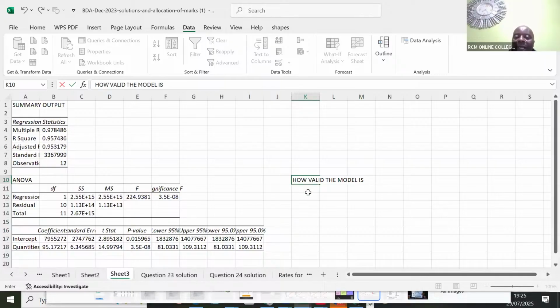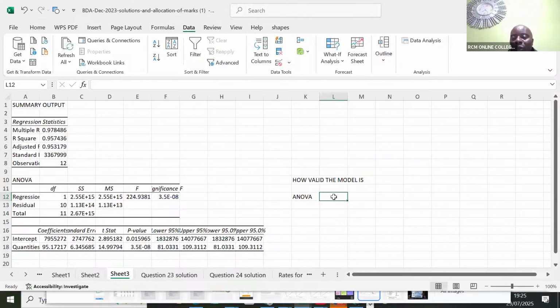If I start with the ANOVA table, ANOVA is analysis of variances, what will I first use this ANOVA table for? I'll be able to check 2 things. First, the F calculated.